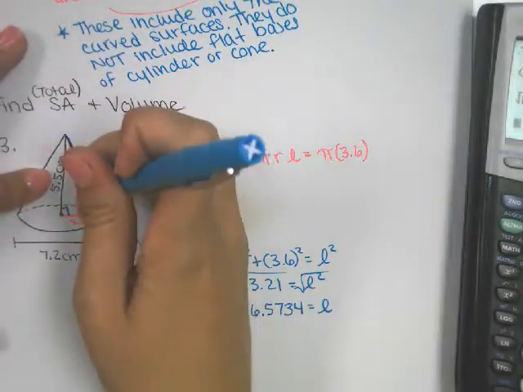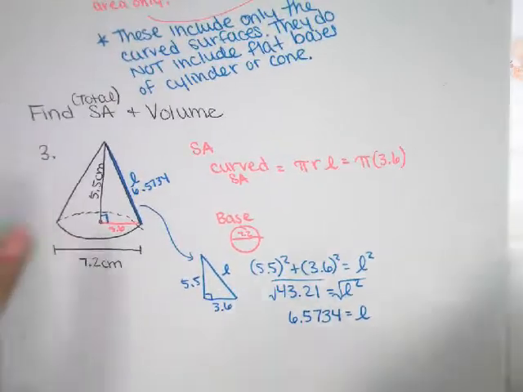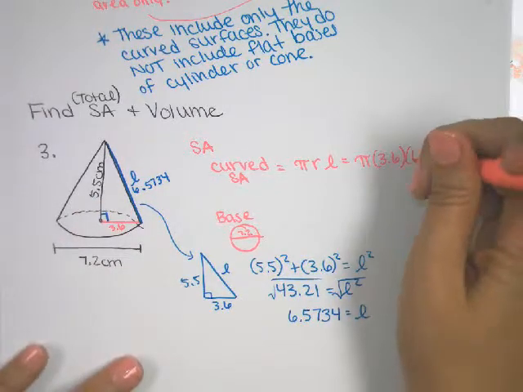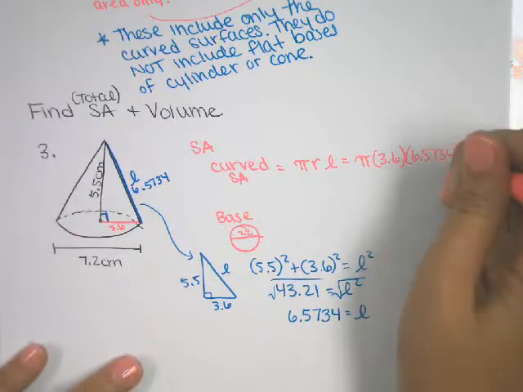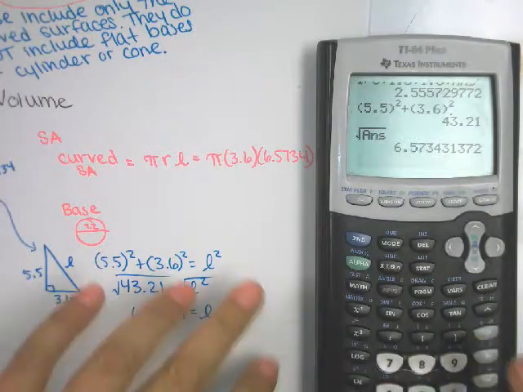There's my slant height L, 6.5734. That is the number I use in this formula, not the 5.5. This is one of those instances where I've got that number in my calculator, so there's no point in rounding.